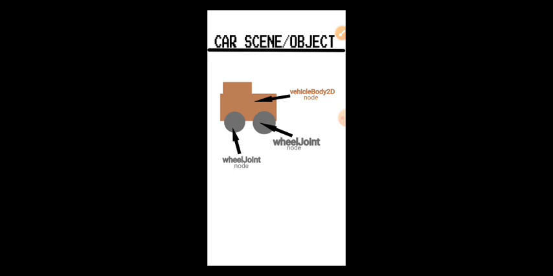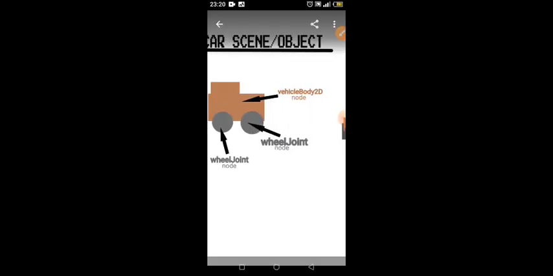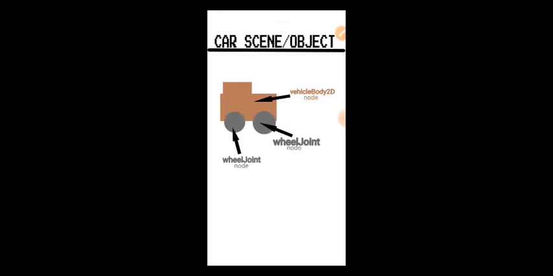Let's see another example. As I already said, a scene can be used to create a level, and you can have a whole lot of nodes in it. You see, this is the car scene we already saw, which has 3 other nodes in it.